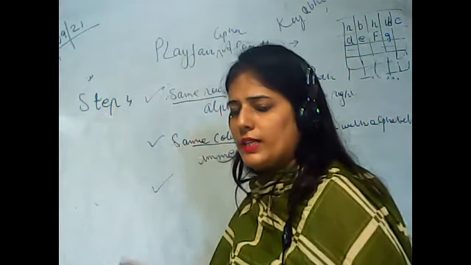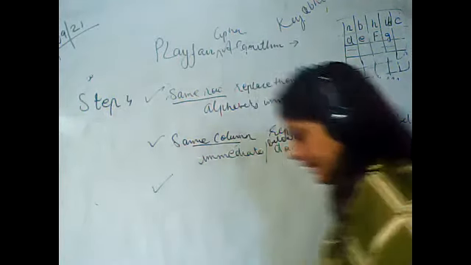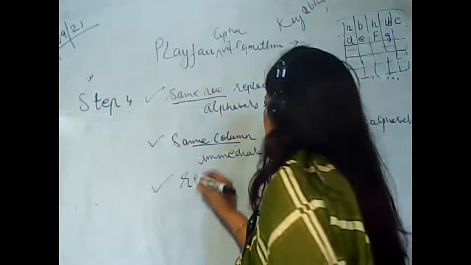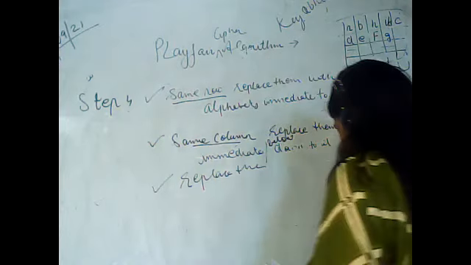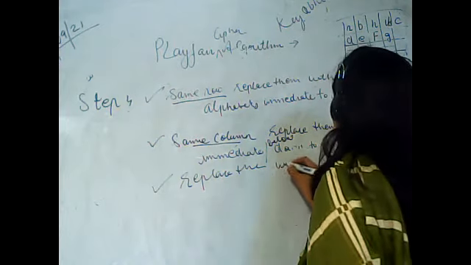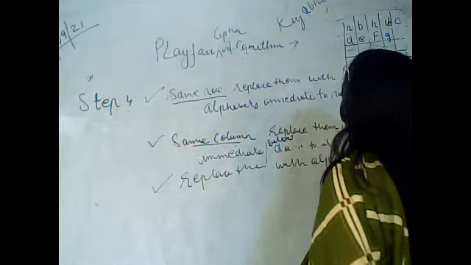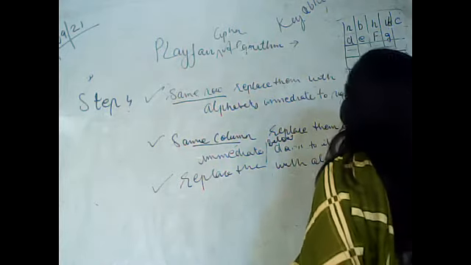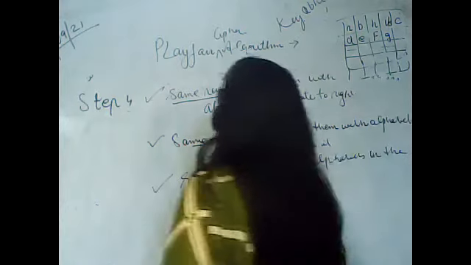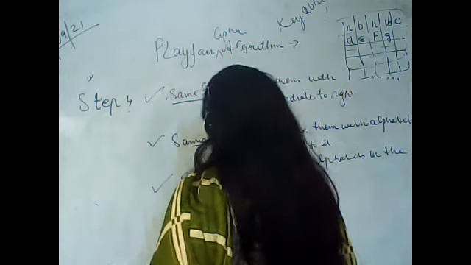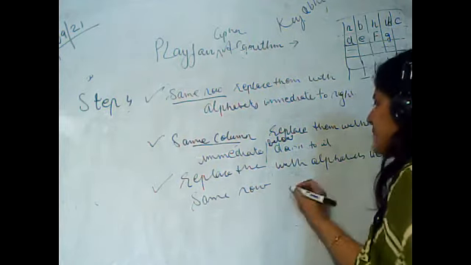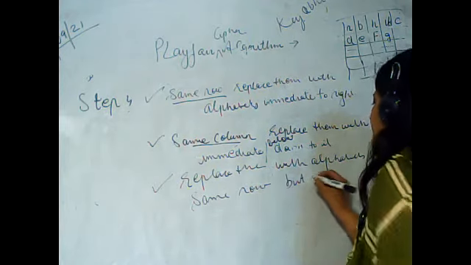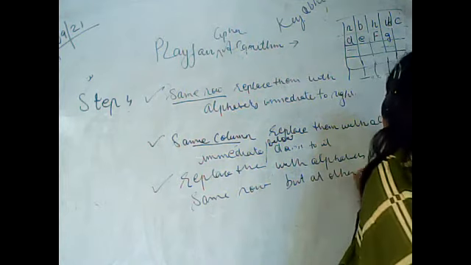where you are not having the same row or the same column. So in that case, replace the alphabets with the alphabets in the same row, but in the other pair of columns.